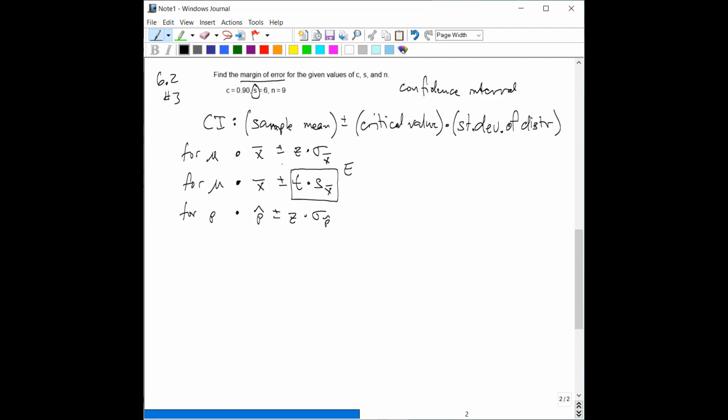So now that we've got it all sorted out, we know exactly what we need to figure out. You need to find the t-score, and you need to find the standard deviation, S for x bar. And then, of course, multiply. So first we have to find t. So how do we find t?